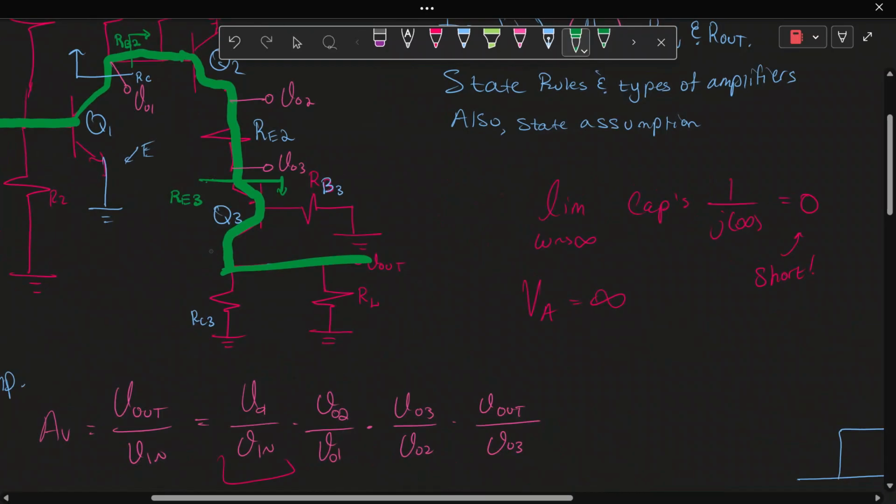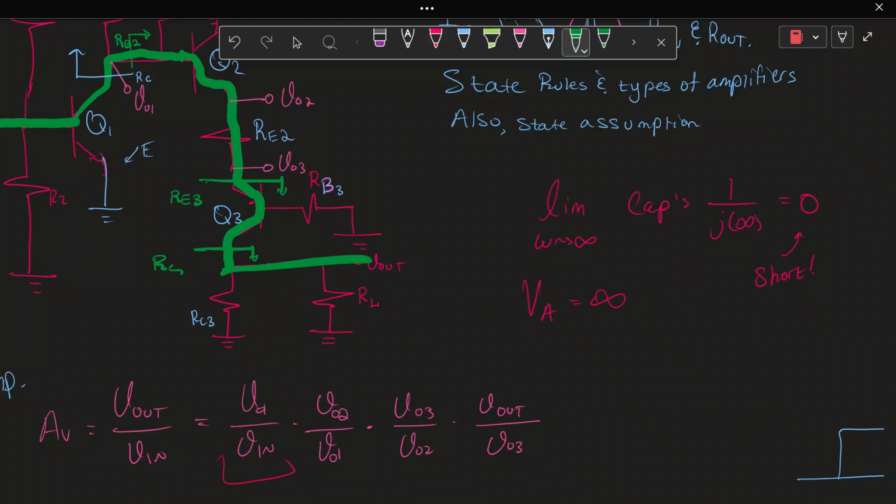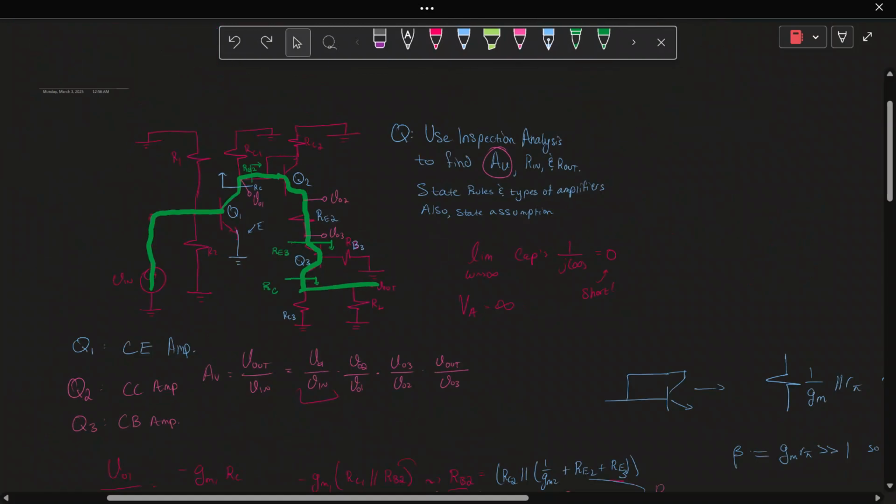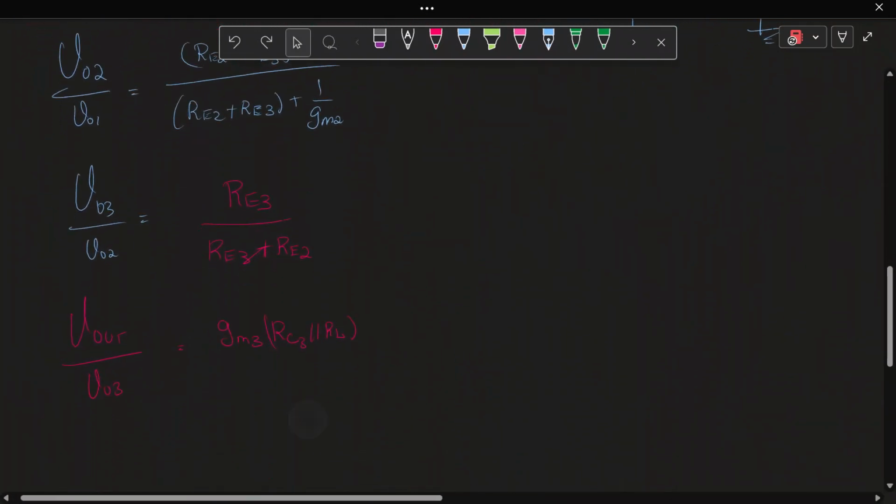Think about what the transistor sees. This is RC. Looking out of the transistor to the collector, we see RC in parallel with RL. So that's how I get RC in parallel with RL.